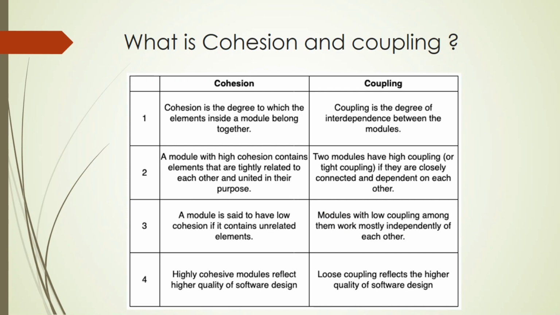Next important question is, what is the difference between cohesion and coupling? As the name says, coupling means how your classes are coupled. Your program should be loosely coupled, so that the dependency of one class on another class is very low. And cohesion means your class should be highly cohesive. That means your module or class should only perform those operations for which it is written.